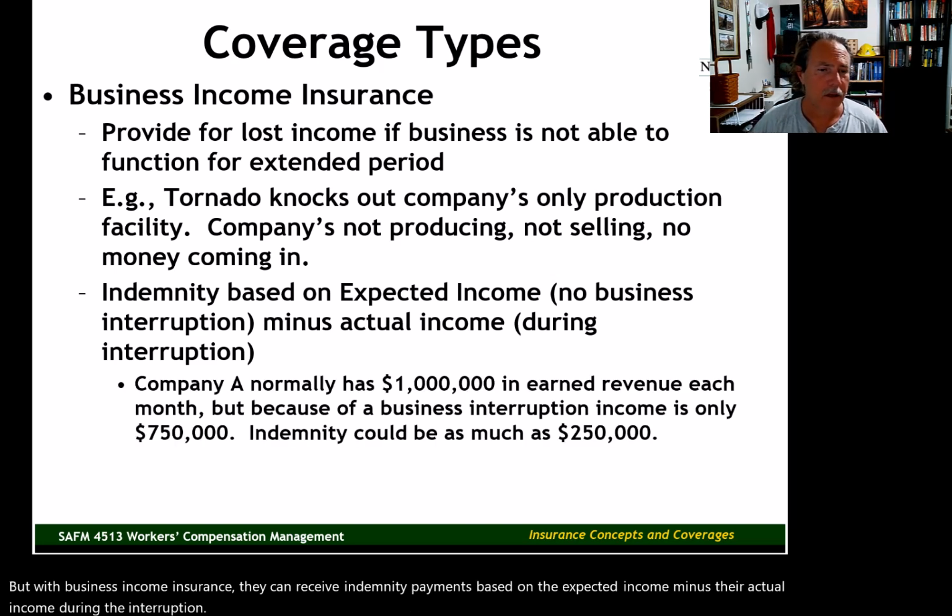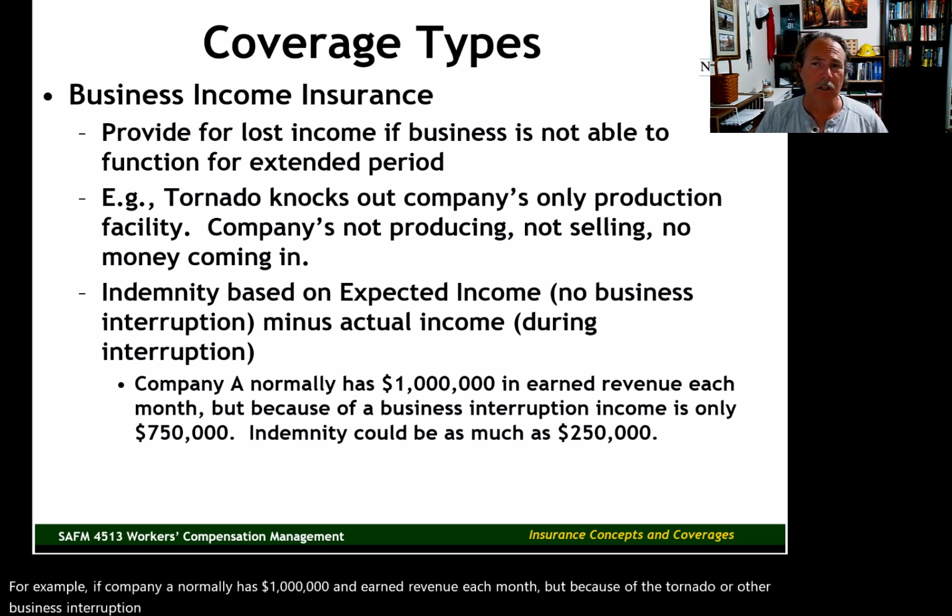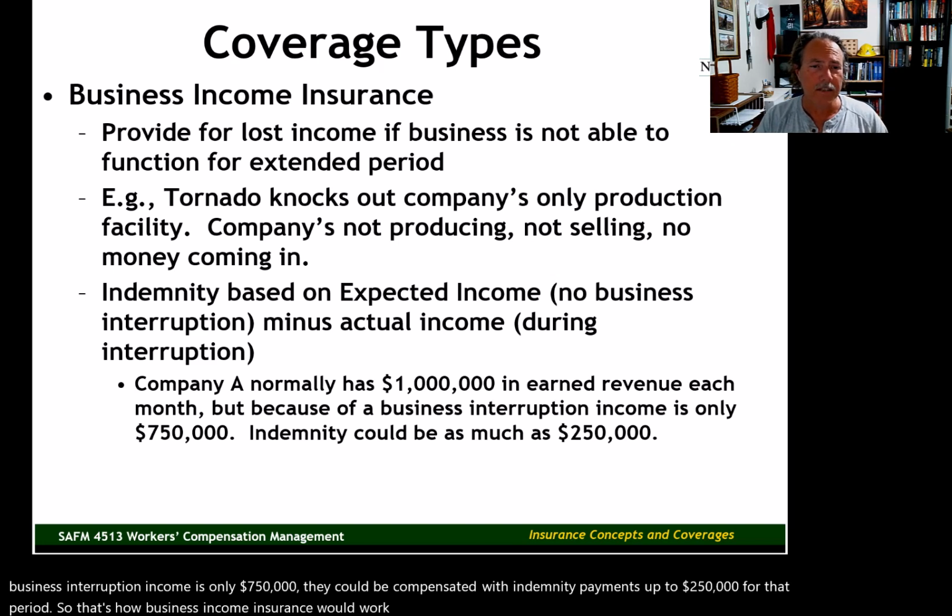For example, if Company A normally has $1 million in earned revenue each month, but because of the tornado or other business interruption, income is only $750,000, they could be compensated with indemnity payments up to $250,000 for that period. So that's how business income insurance would work. It would replace any lost income because of the interruption that occurred.